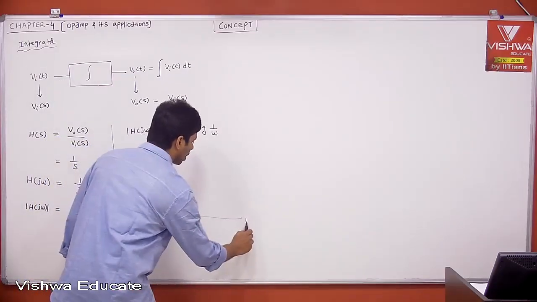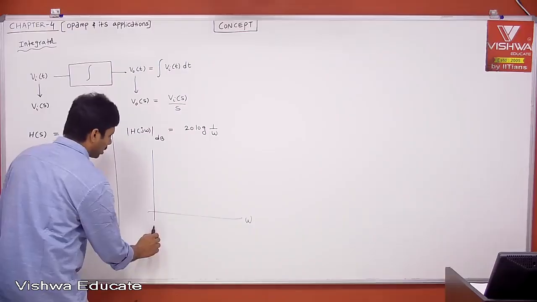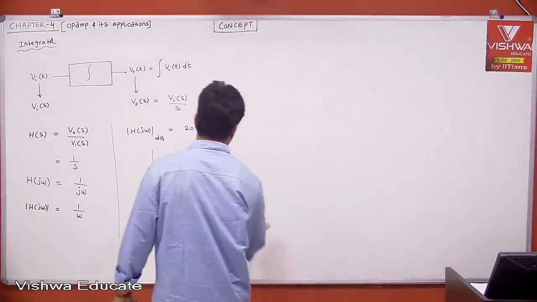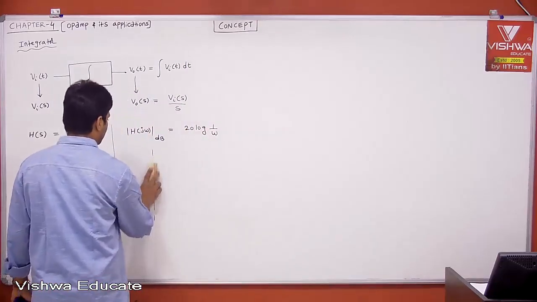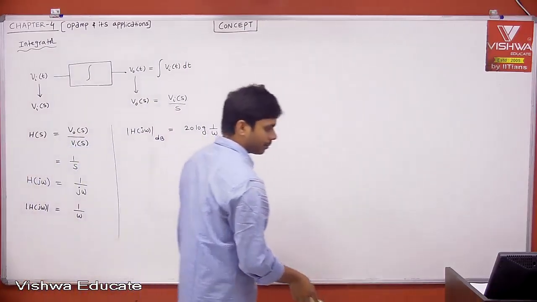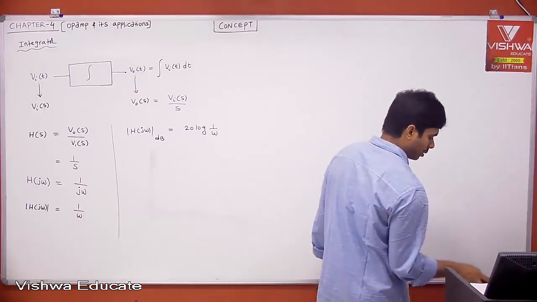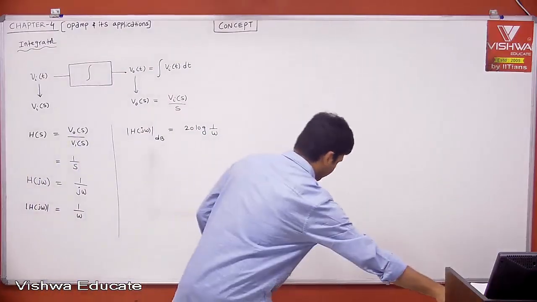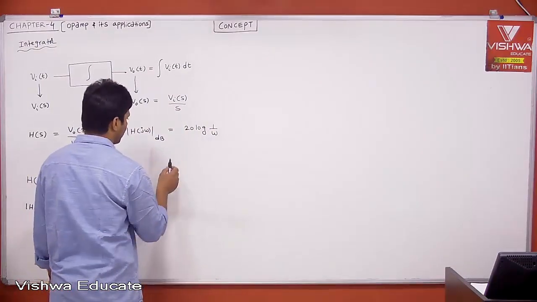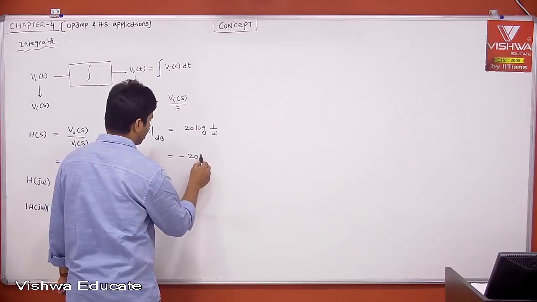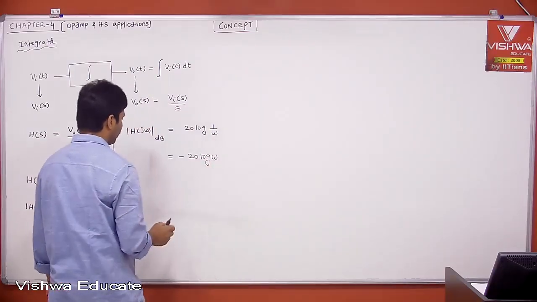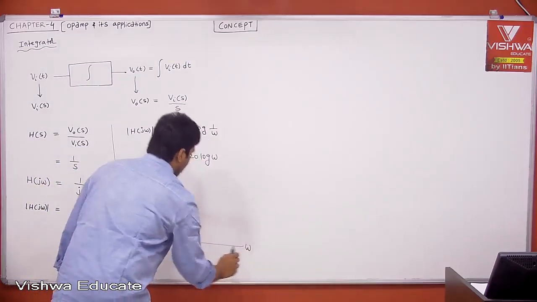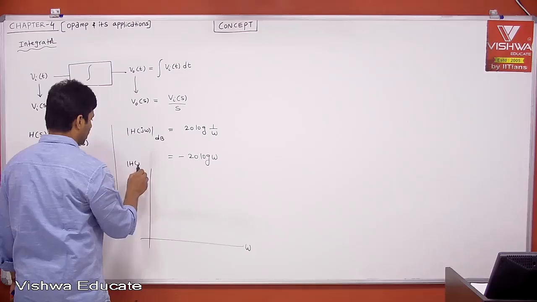Let us say this is omega, and let me start with 1. What is log 1 by a minus log a? Therefore, minus 20 log omega, right? Now, the x-axis is omega, and the y-axis is mod H of j omega in dB.